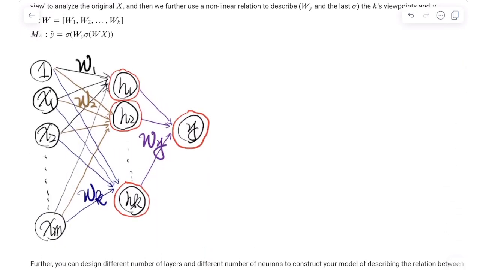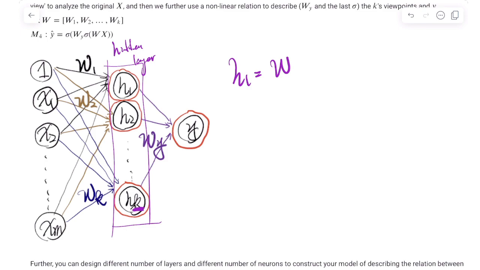And again, maybe the network is a little bit more complex. So you have multiple inputs right here, and in the hidden layer, you can design k different neurons. For H1, it is basically something like this one.